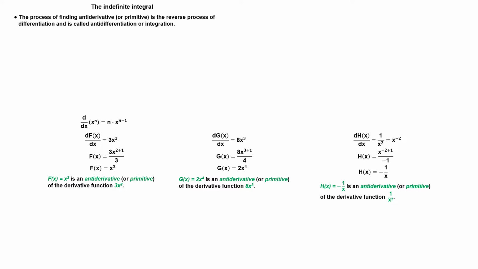Now let's talk about the notation of primitives or antiderivatives. We usually represent functions with lowercase letters such as f, g, or h. Their antiderivatives are denoted by uppercase counterparts such as F, G, or H. So we can rewrite the last statements as follows.